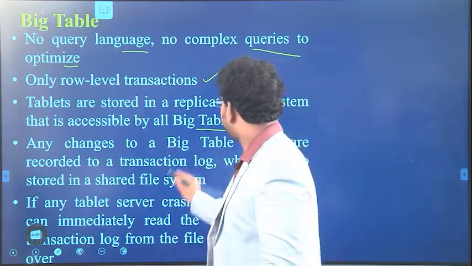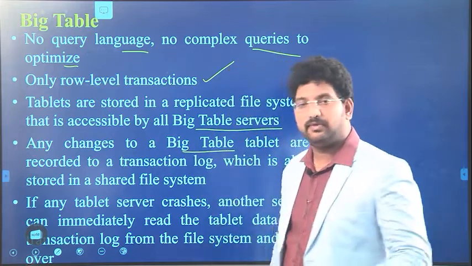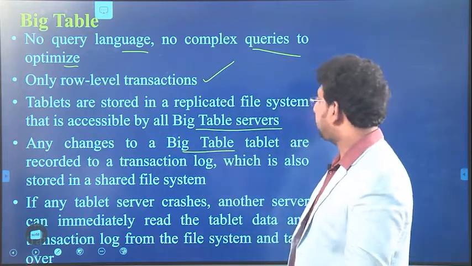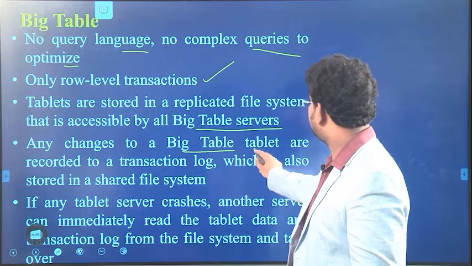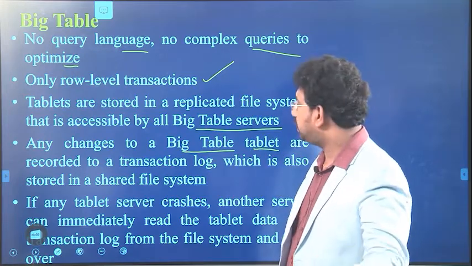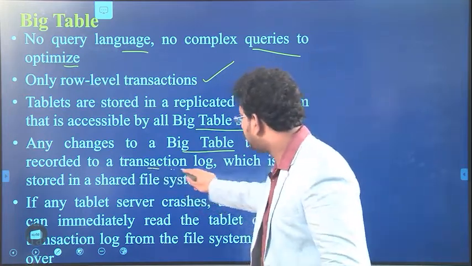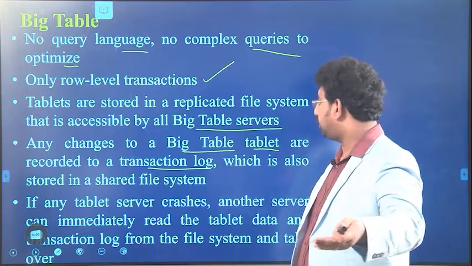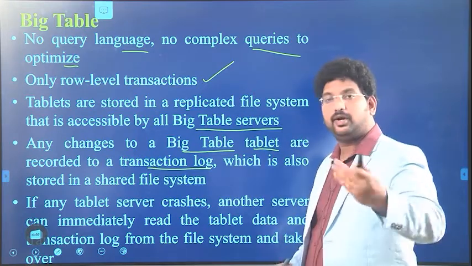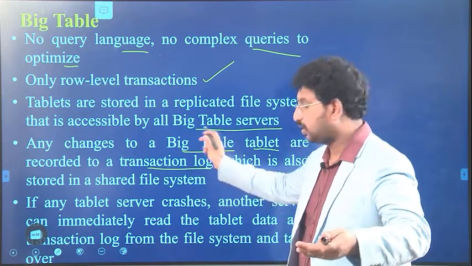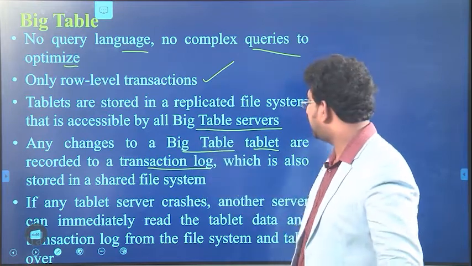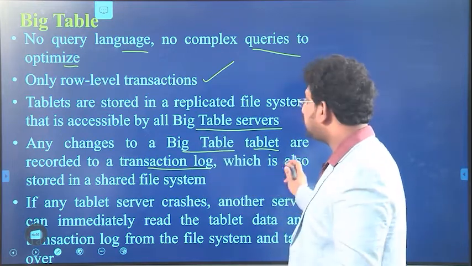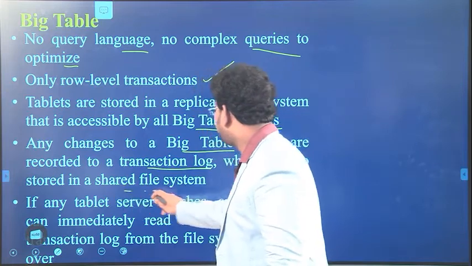Now, any changes to a Bigtable tablet are recorded to a transaction log. The entire information will be maintained in the transaction log, which is also stored in the shared file system.